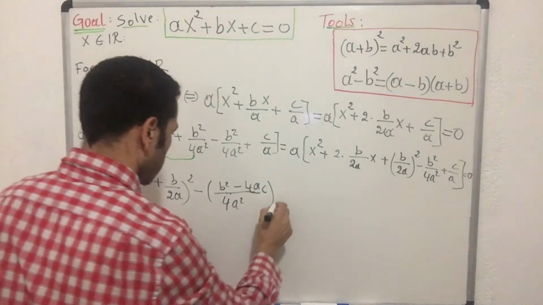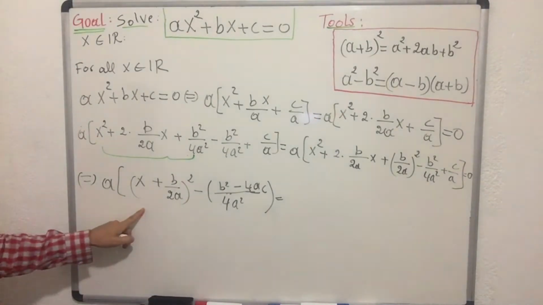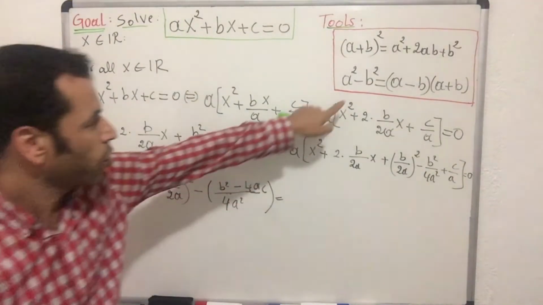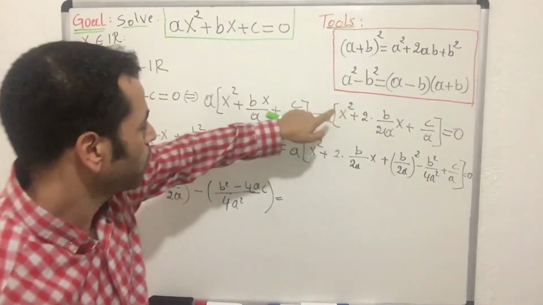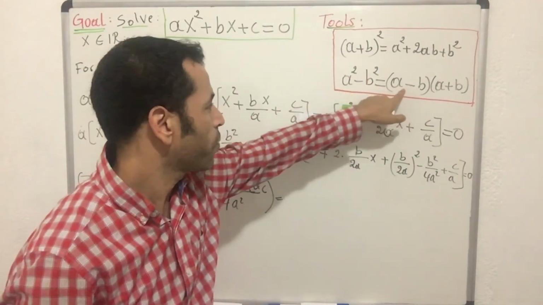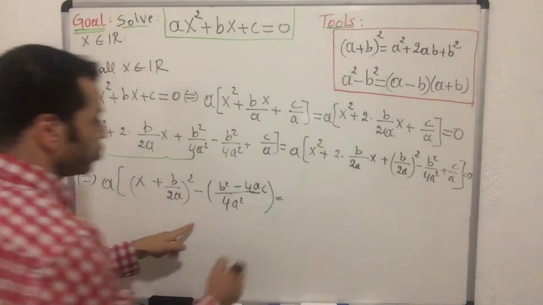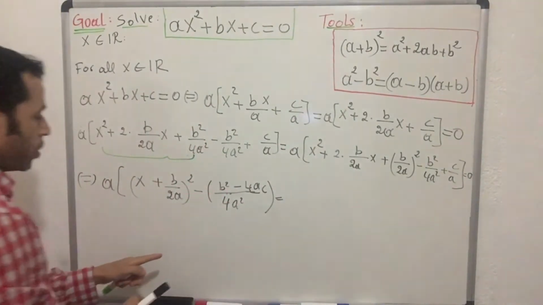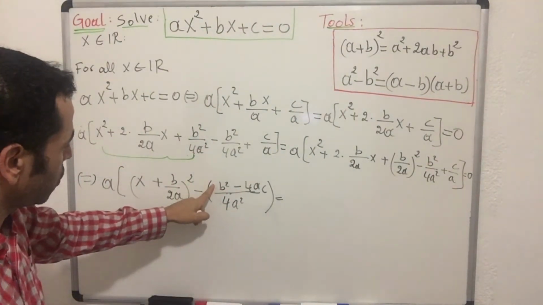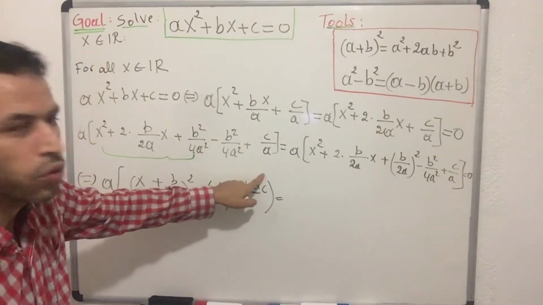Now I'm trying to make this one in this form as well. This one we have a square minus b square equals the product of a minus b and a plus b. Okay, how to transfer this one into this one? Just by taking the square root of this one and at the same time raising the number 2 as a power.